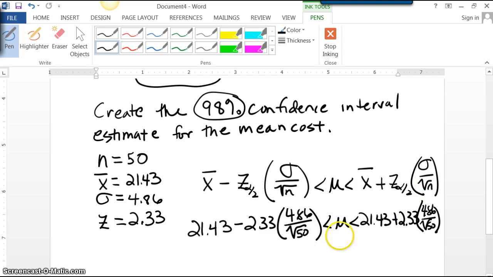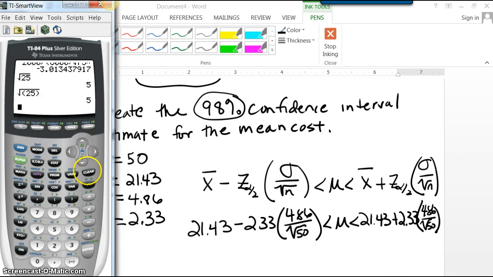I'm going to bring up my calculator. I'm going to type this left side in first. So 21.43 minus 2.33, starting a set of parentheses, 4.86 divided by the square root of 50, and I'm ending my parentheses.